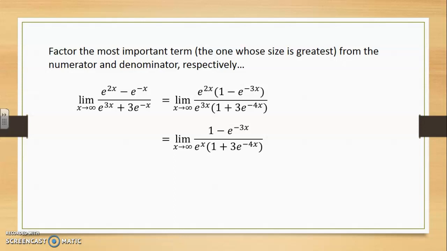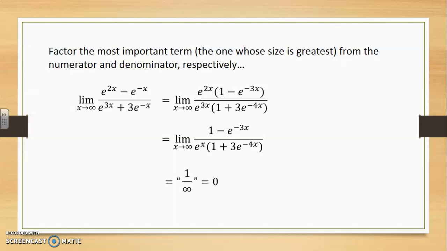E to the 2x and e to the 3x have some terms in common. In fact, because we're dividing, we can subtract the exponents, and there is an extra x at the bottom exponent compared to the top. So e to the 2x over e to the 3x leaves e to the x at the bottom. And now we're ready to try direct substitution again.